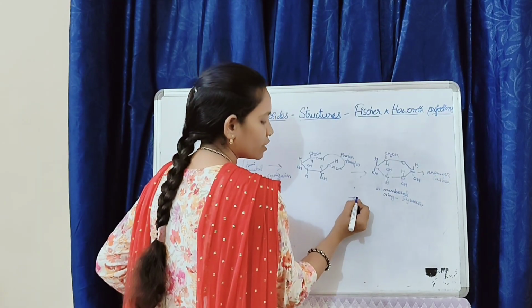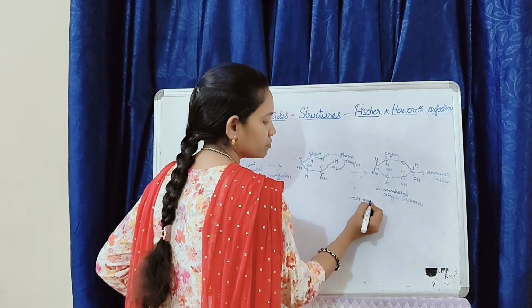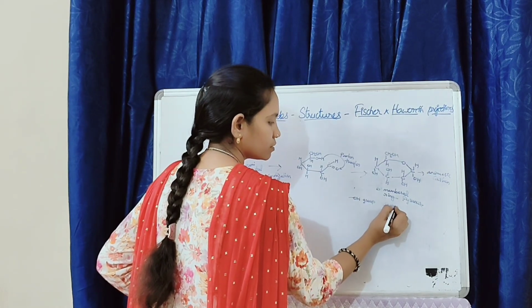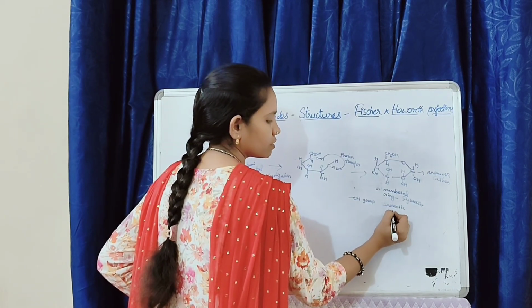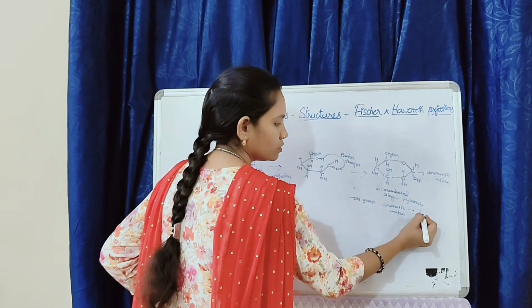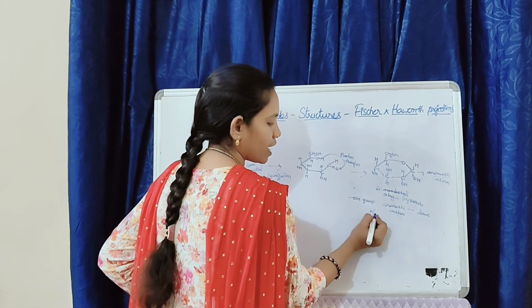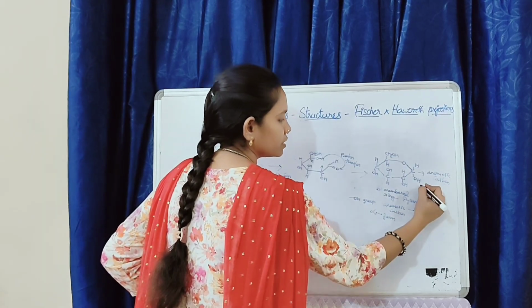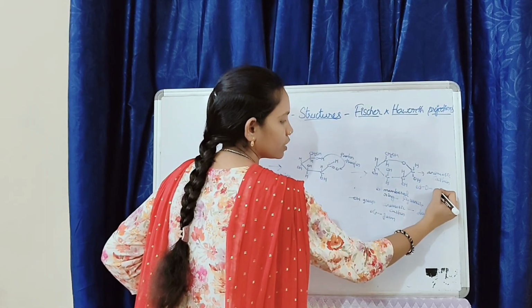Now if the hydroxyl group on the anomeric carbon is present down, then it is the alpha form. Now it is alpha-D-glucose.